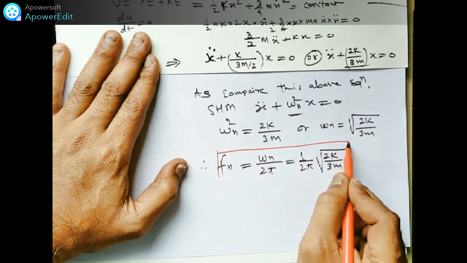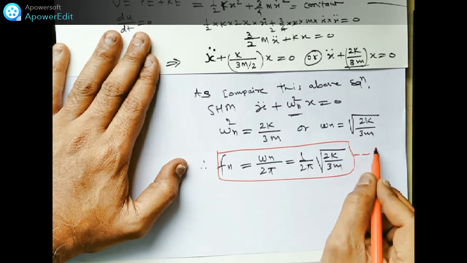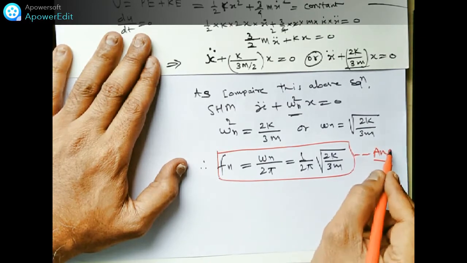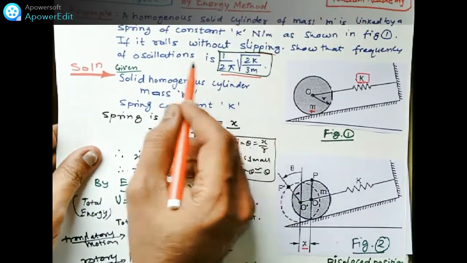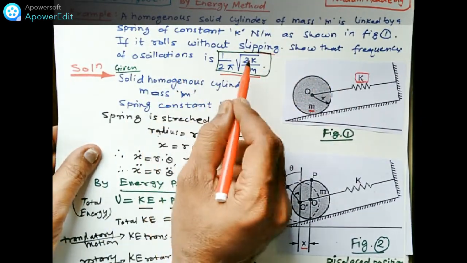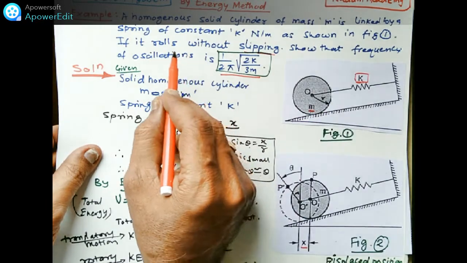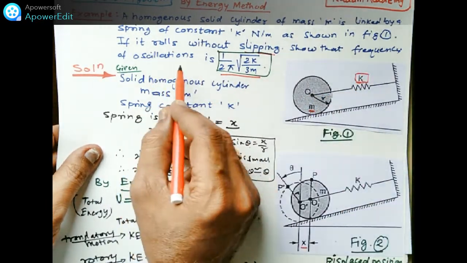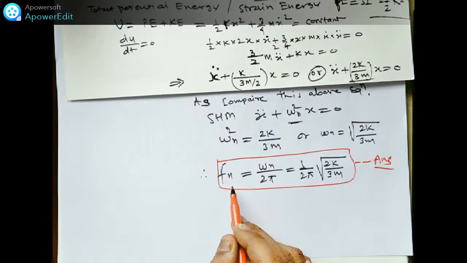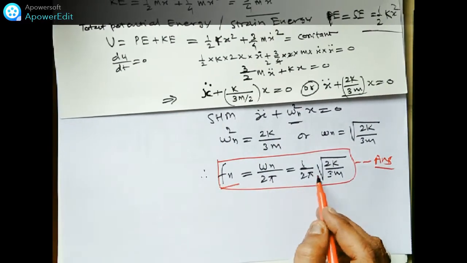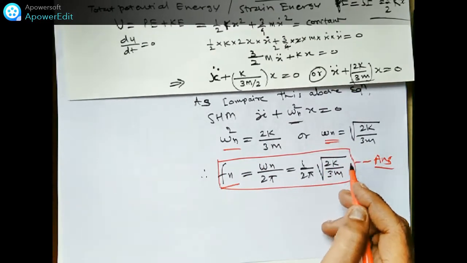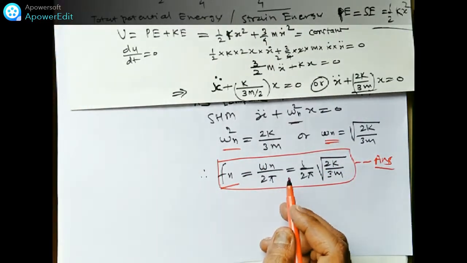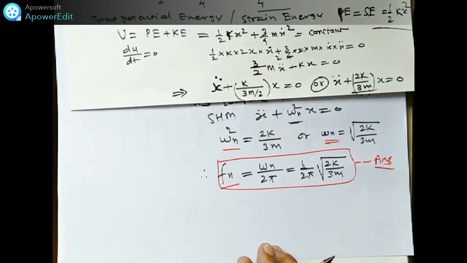In this numerical you are told to show that the natural frequency, the frequency of oscillation, is this much. The frequency of oscillation is the number of oscillations within a unit period.